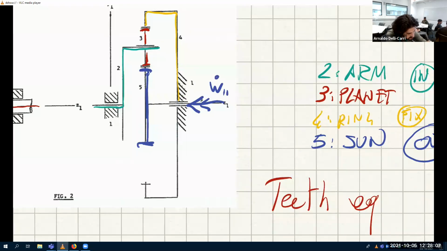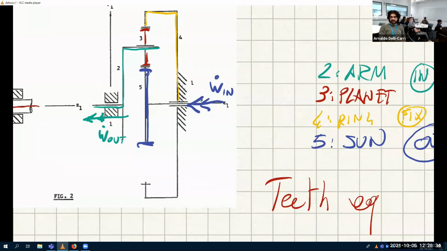Power in. I'm using W dot, which is the rate of work. What is power? Energy in time. What is work? Work is energy. So the rate of work is power. So the rate of work in, and then we have a rate of work out. What is power?